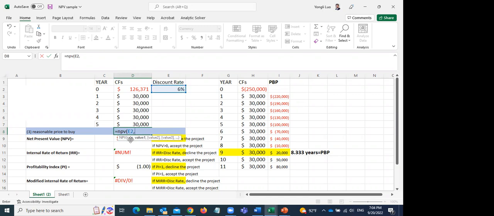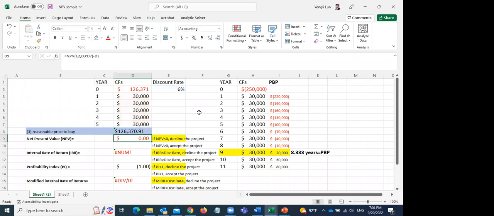And then a comma, and then value 1, value 2, value 3, and just all those values starting from value 1. Then you close the parentheses and click enter. So that gives you the price.